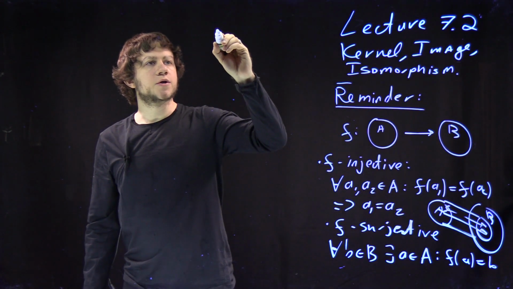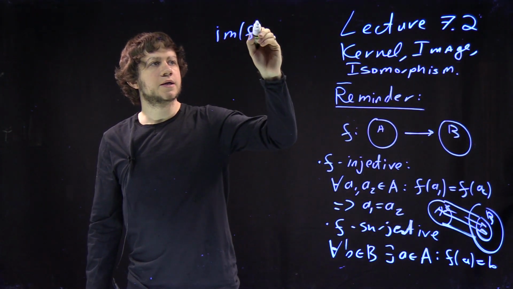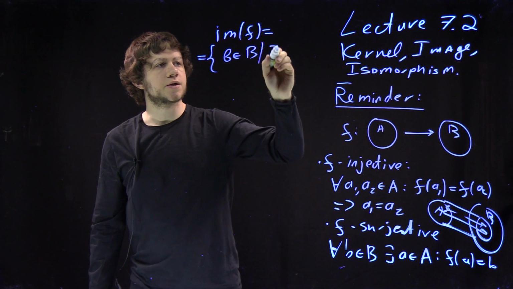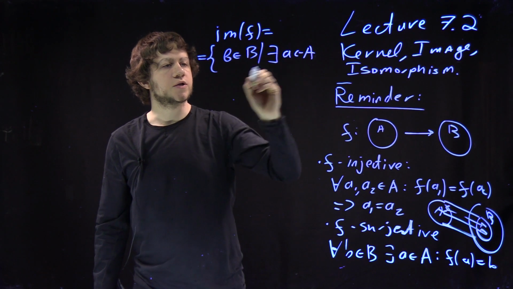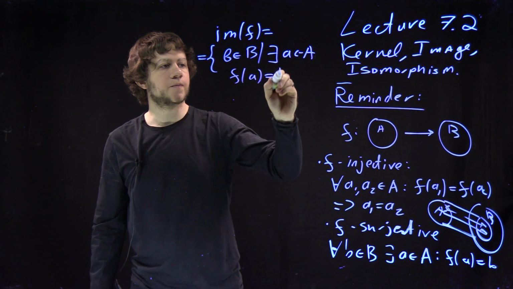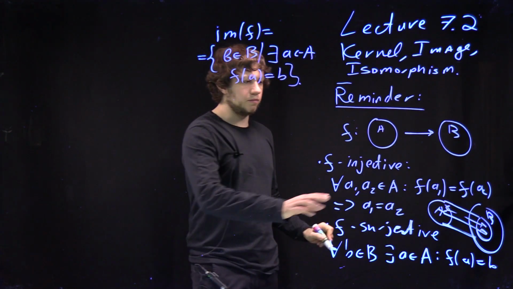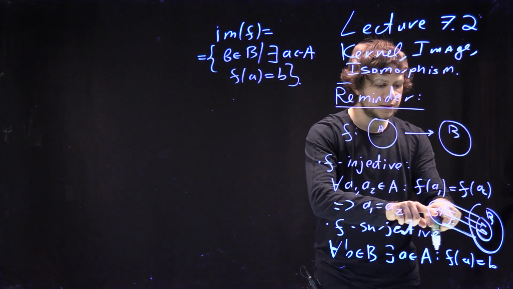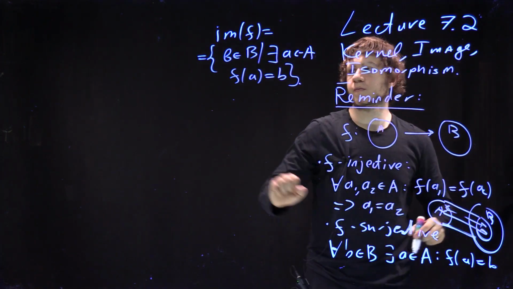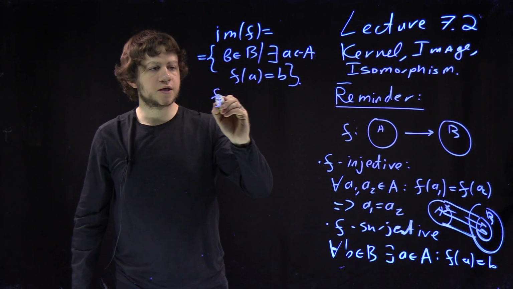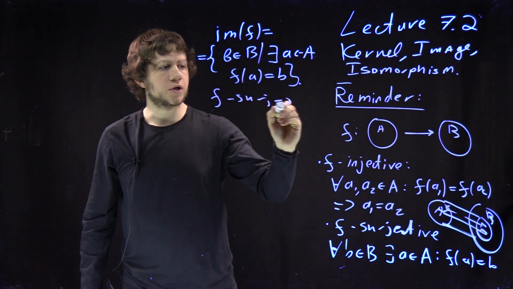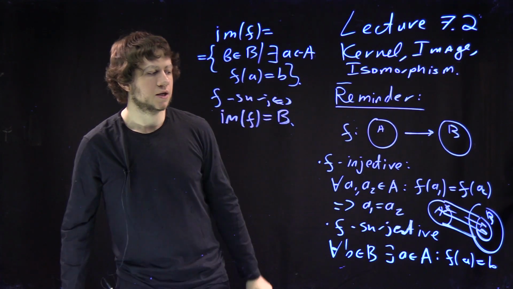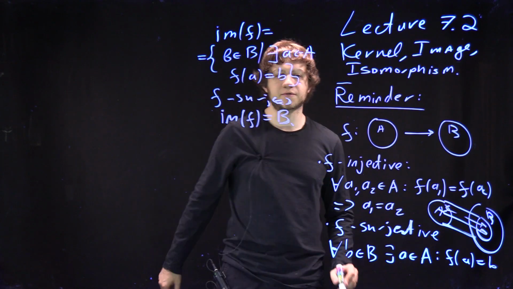The image of F is the set of all elements B in B such that there exists A in A with the property that f of A equals B. So for an injective map, A will be the image. And F is surjective if and only if the image of F is the whole set B. That is clear from the definitions.